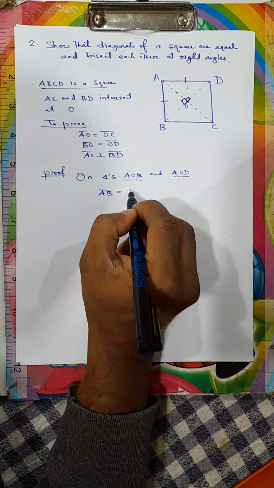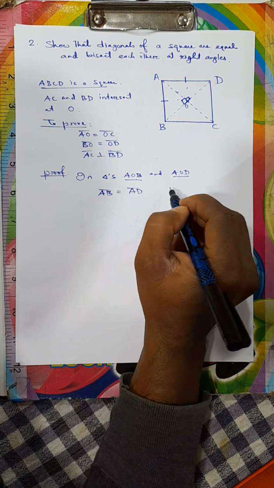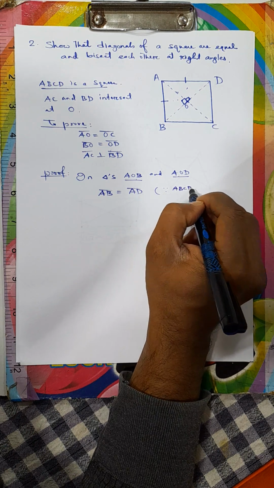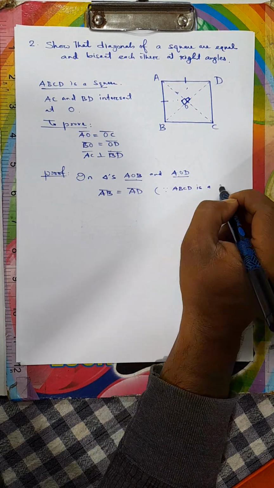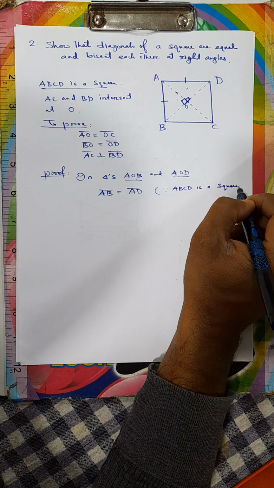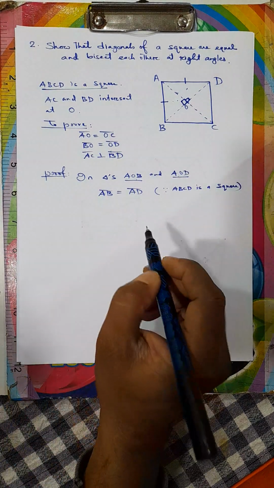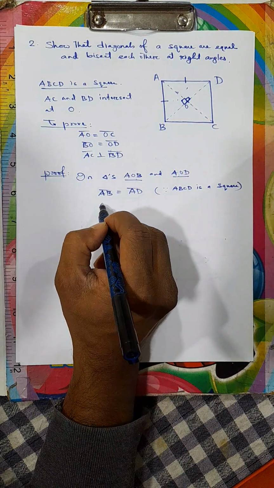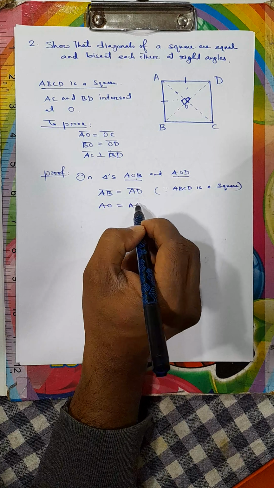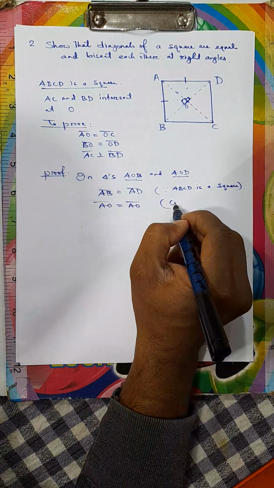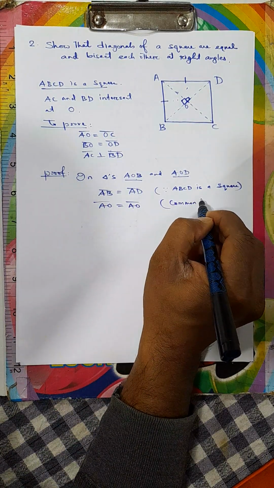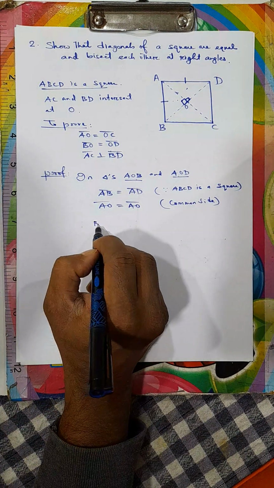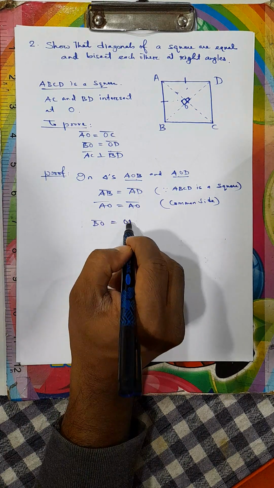AB equal to AD. Why? Since ABCD is a square, all sides are equal. That means AB equal to AD. AO equal to AO, common side. Then BO equal to OD.